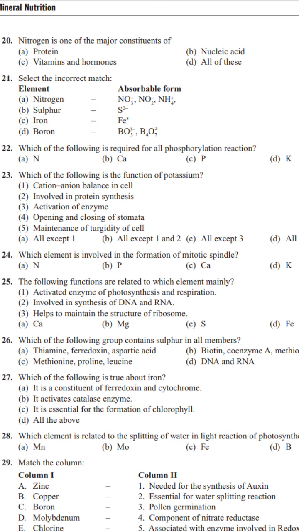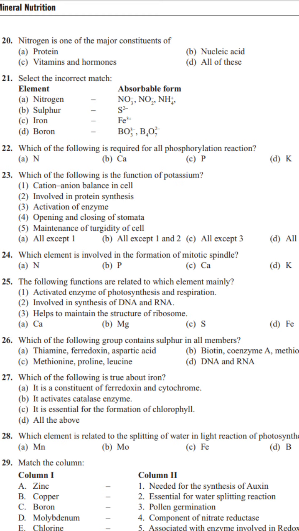Students, we had a discussion in the previous class. This is a most important concept. Phosphorus is absorbed by plants from the soil in the form of phosphate ions, either H2PO4 minus or HPO4 2 minus.